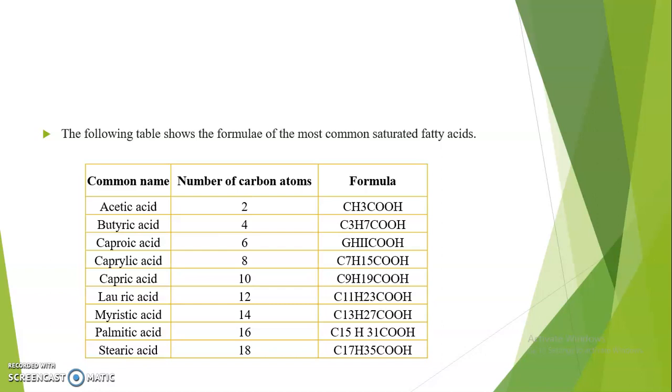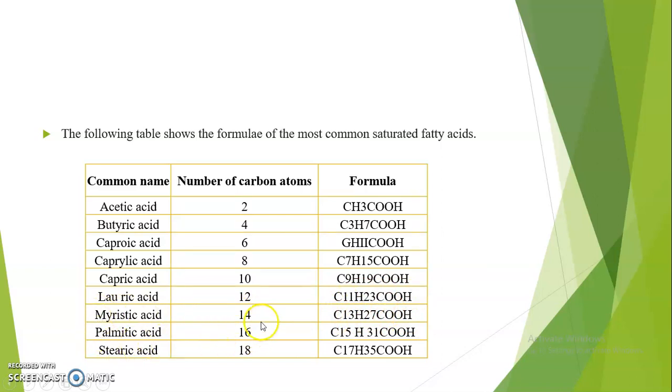Then lauric acid, which consists of 12 carbon atoms, has the molecular formula C11H23COOH. Then myristic acid has 14 carbon atoms and the formula C13H27COOH.